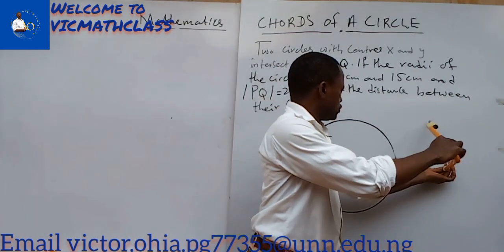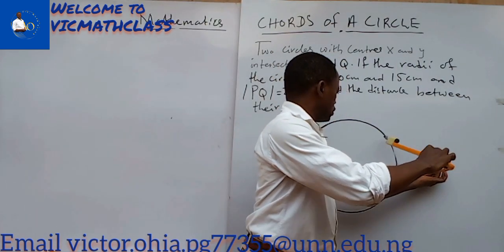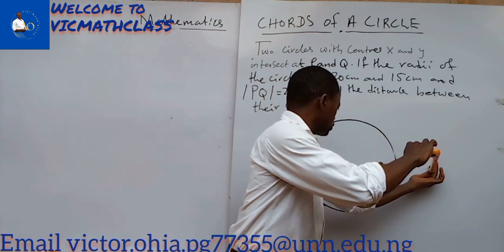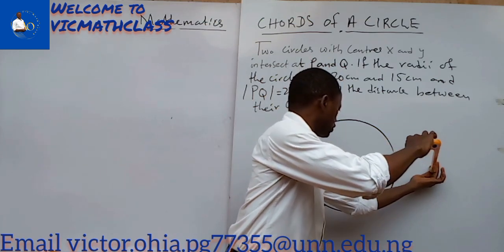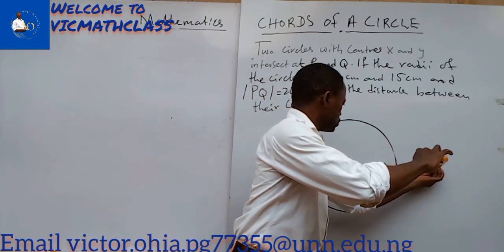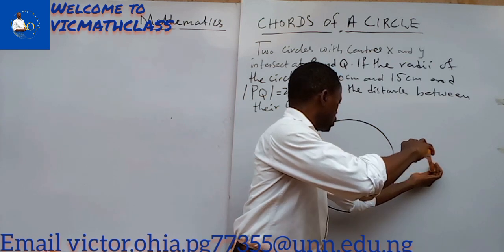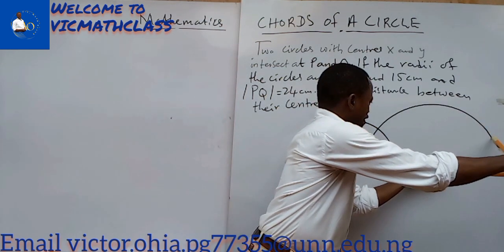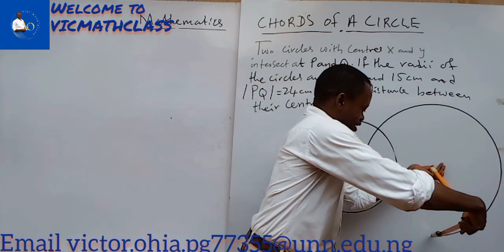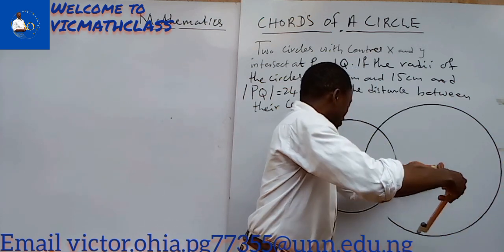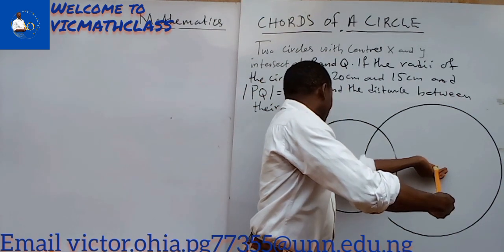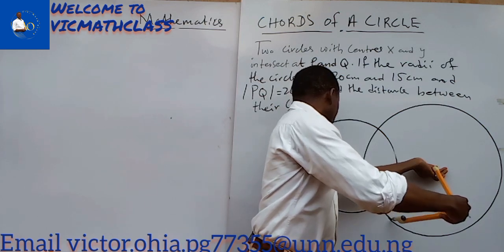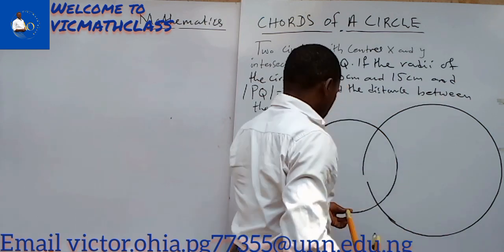Let me stretch this a little bit further. Check out the point of intersection. So let's stretch out and have this one be the bigger circle. This is quite big. Let me tidy it up.